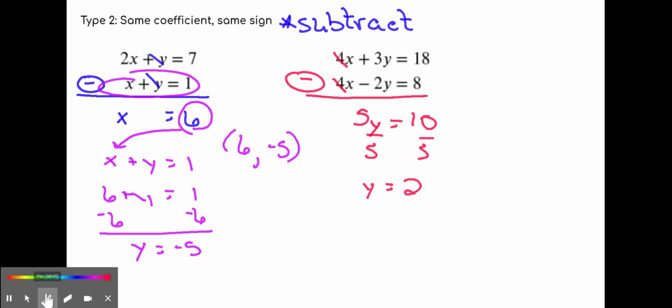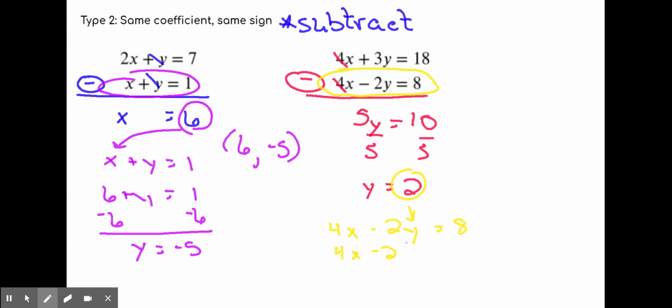So now pick the equation you like. I'm going to pick the bottom one just because it's got some smaller numbers. So 4x minus 2y equals 8. I'm going to take that 2 and substitute it in there. So 4x minus 2 times 2 equals 8.